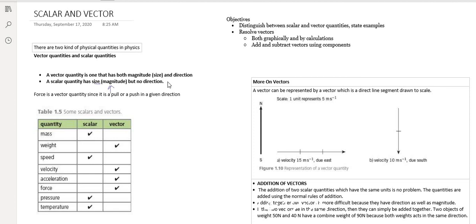That number could be, for example, 30 newtons. So for example, you're dealing with the vector force.